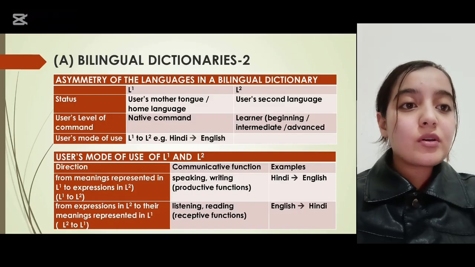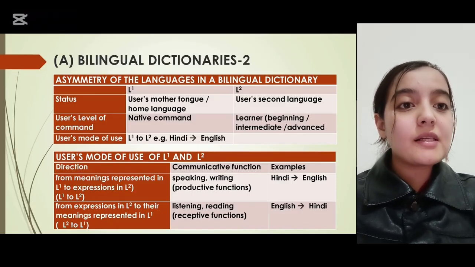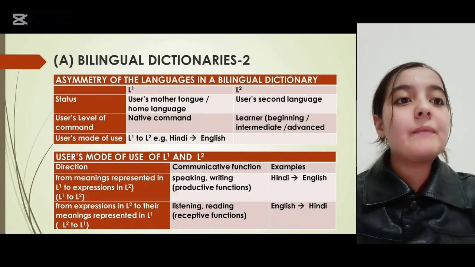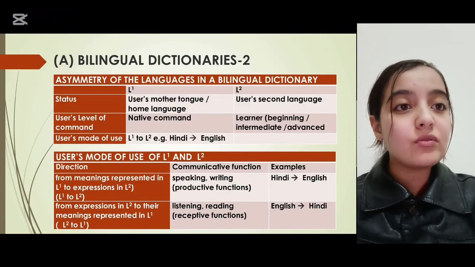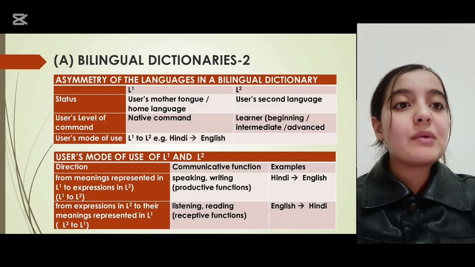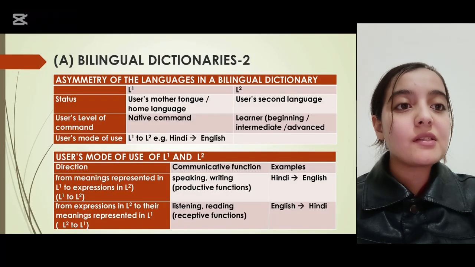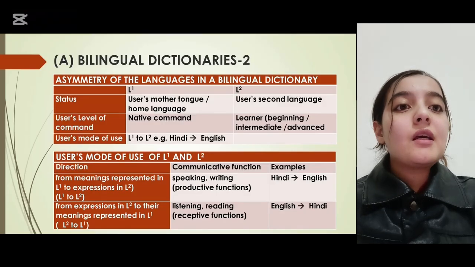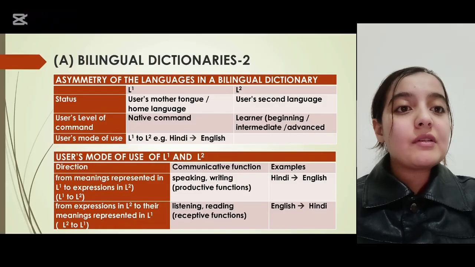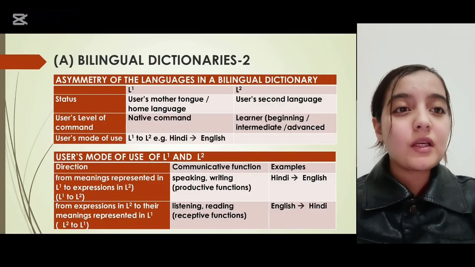In terms of the user's command, L1 is the language where the learner has native command, whereas for L2, depending on the level, the learner could be a beginning learner, an intermediate learner or an advanced learner. So basically, in terms of competence and proficiency, there is a difference in the user's mode of use of L1 and L2. There is also a difference in the status of the language.